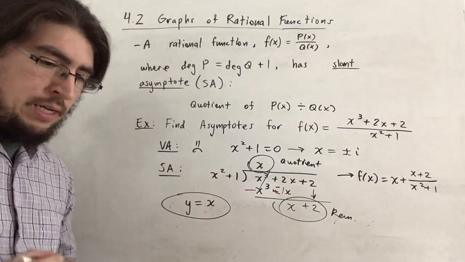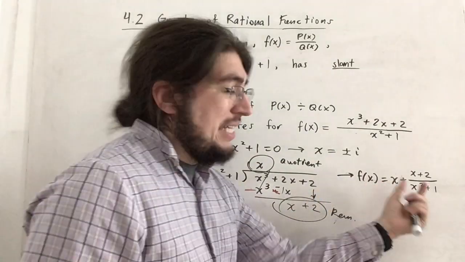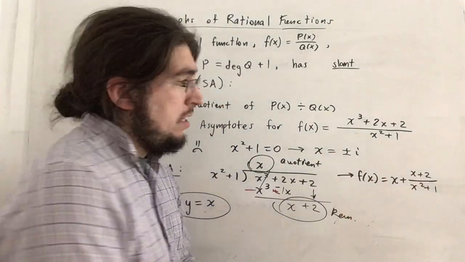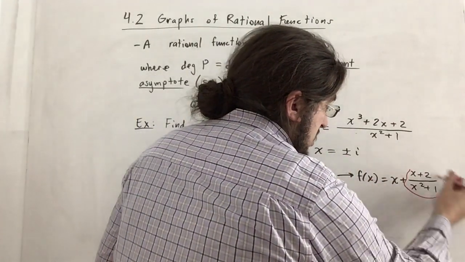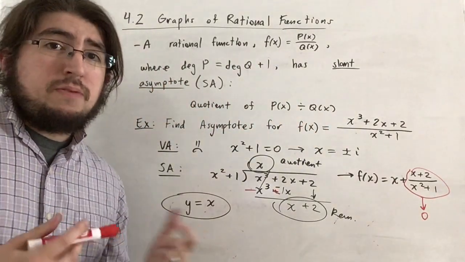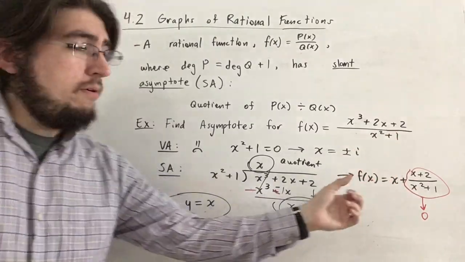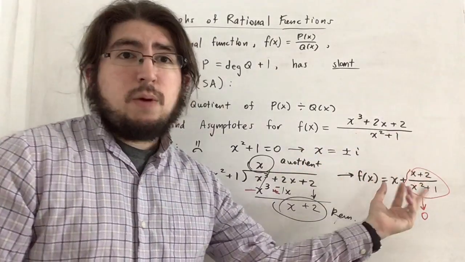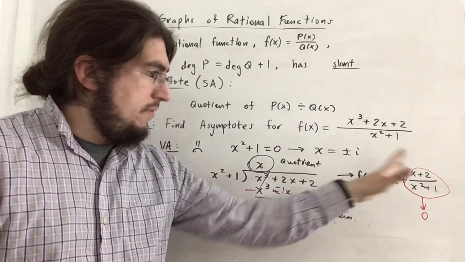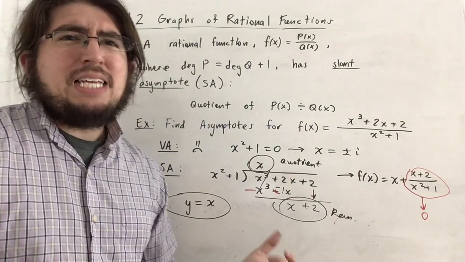And now what? Here's where the beauty comes in. As x goes towards infinity, this whole fraction part is going to get closer and closer to 0. It's negligible. Now, why does that happen?